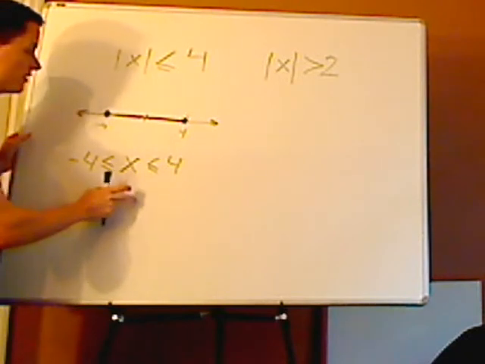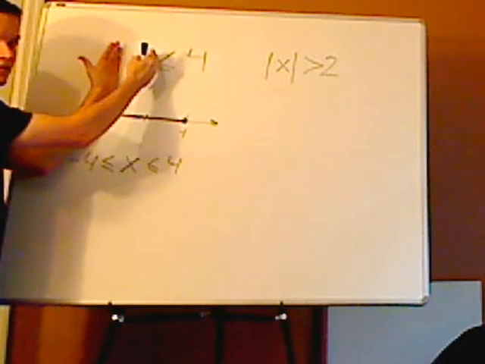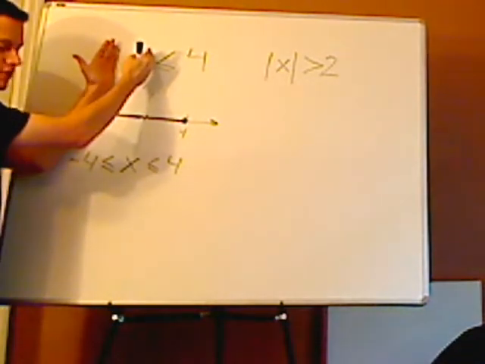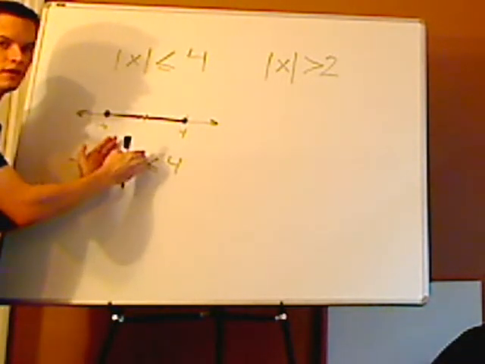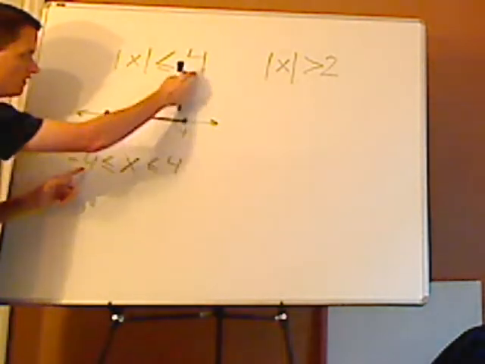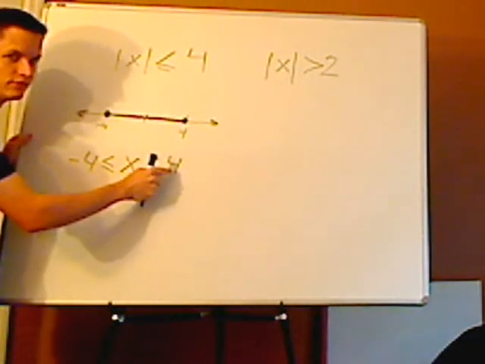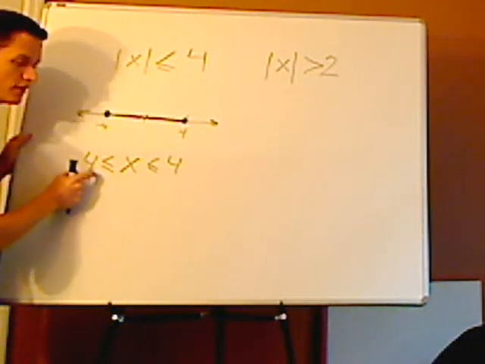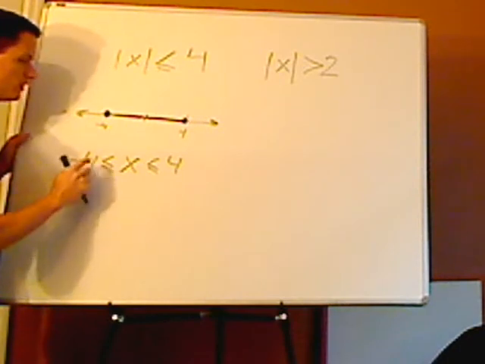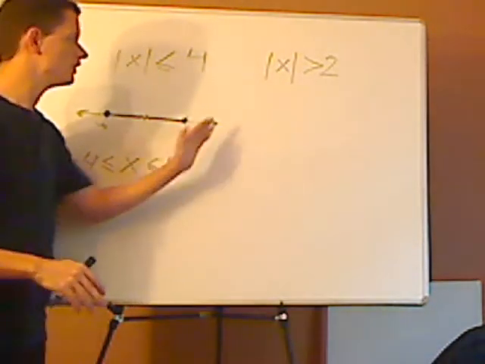And so basically, you're going to isolate the absolute value of whatever, put that in the middle, remove the absolute value bars, put whatever number here, whatever this is, positive, just leave it as is. Then over here, it's negative. So just keep that all in mind. And then just solve for x.